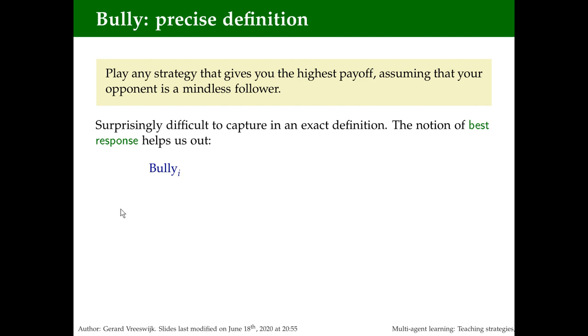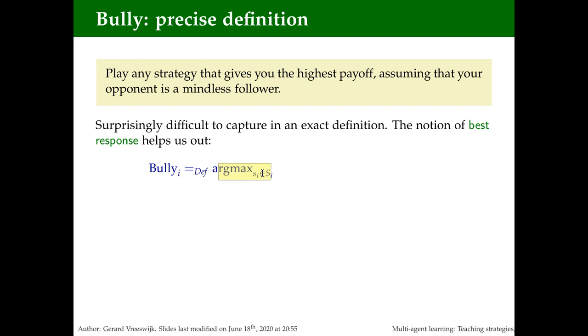So, the set of all strategies that comprise bully for player I, where I is the proponent, for example the row player in a 2x2 game, is defined as follows. Of course, you maximize over all strategies that are available to you as a proponent. So this is logical.